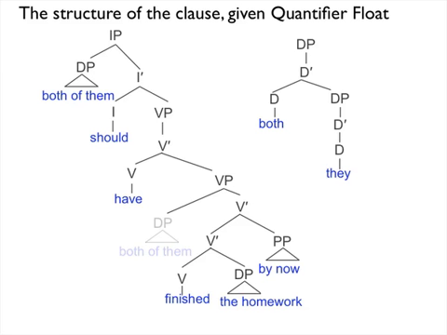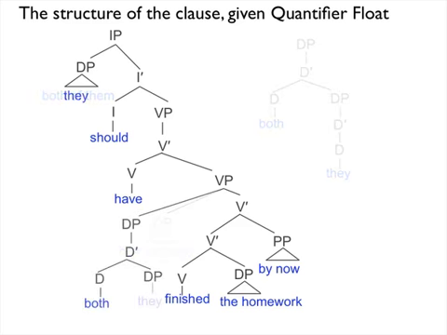And there's a constraint to the effect that both they can't ever show up. It has to be instantiated as both of them, right? Or, that's one possibility, if you're going to have it be inside of a DP as a whole unit, it could be both of them.